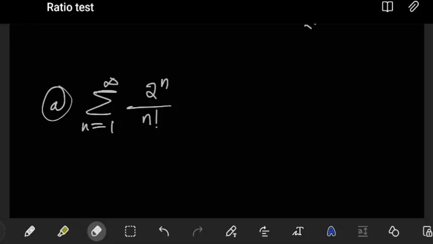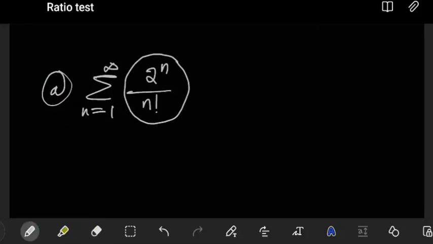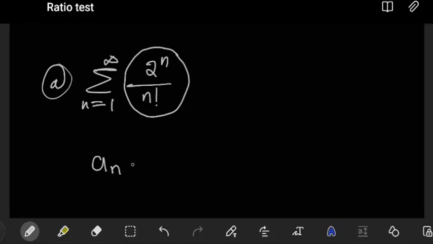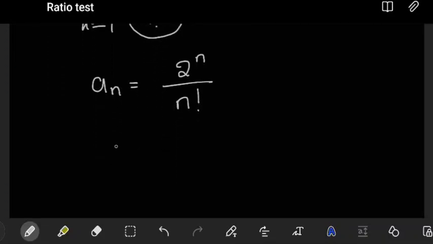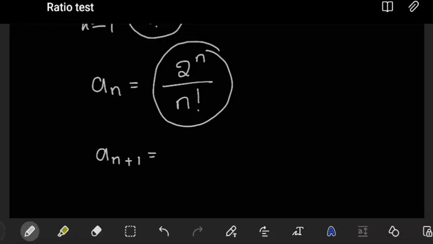Okay, so in this example, as we saw earlier, we're going to define this as our a sub n. So a sub n here becomes equal to 2 power n over n factorial. Once we have this, the next step will be to determine what our a sub n plus 1 is going to be. In our expression a sub n, where there's n, we're just going to add 1.